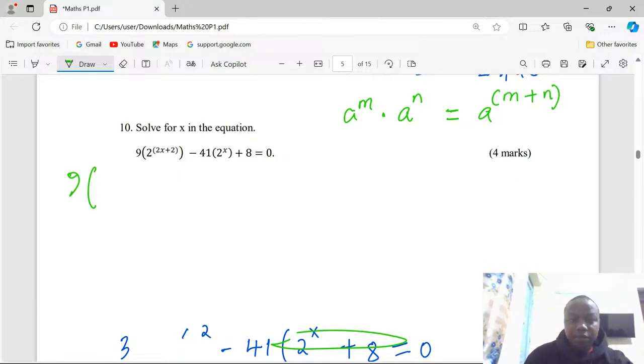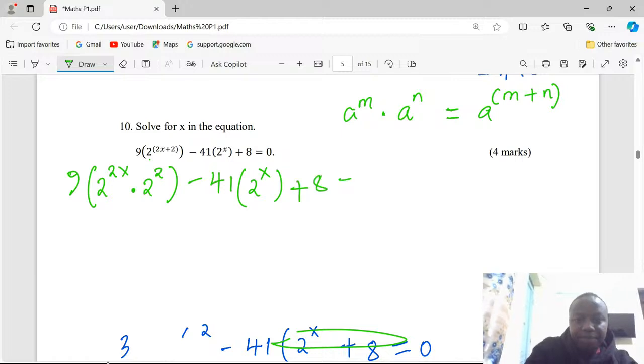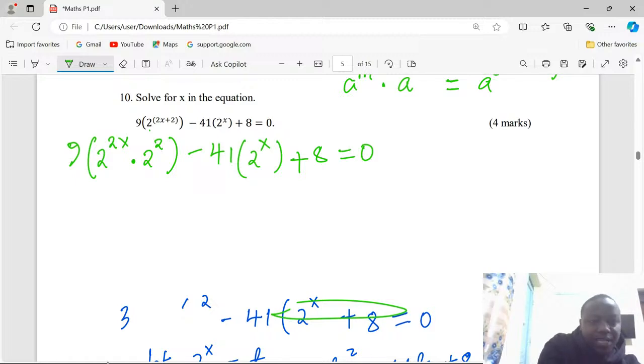So with this law, we break the addition of powers into 2 to the power 2x, 2 to the power 2, minus 41, then 2 to the power x, not 2x, sorry, 2 to the power x, then plus 8 equals 0.